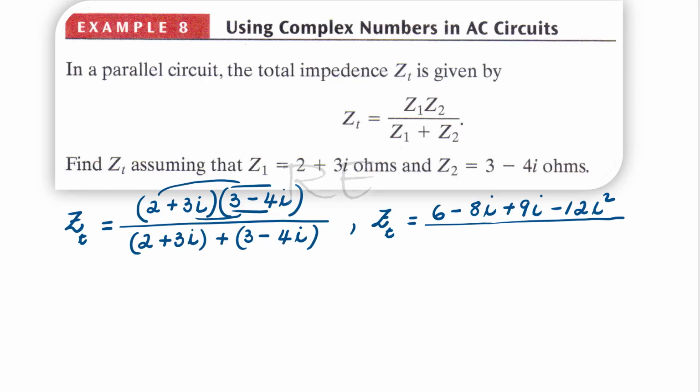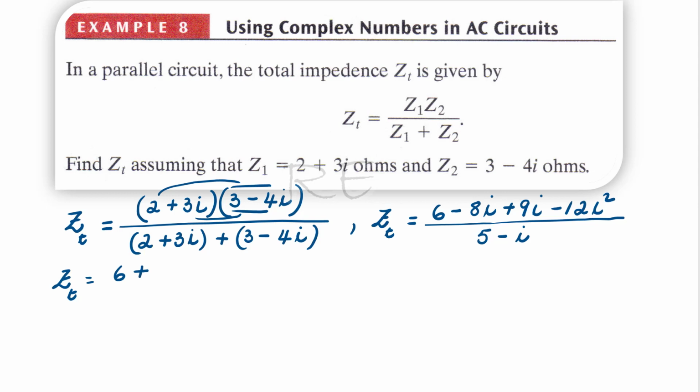We can drop the parentheses and add in the denominator. Both of them are preceded by plus sign. 2 plus 3, 5, and 3 minus 4, negative 1. 5 minus i.